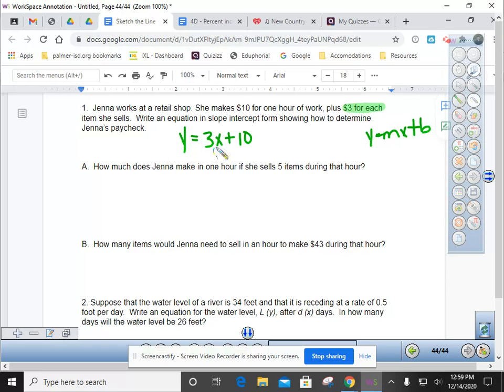So this is your items. So where does the 5 go? At the X. Good. So what does y equal? 25. Good job.